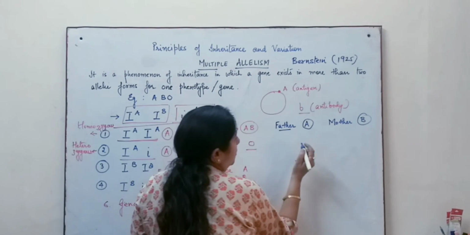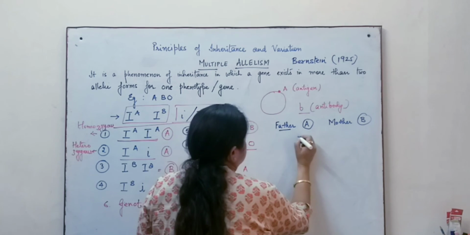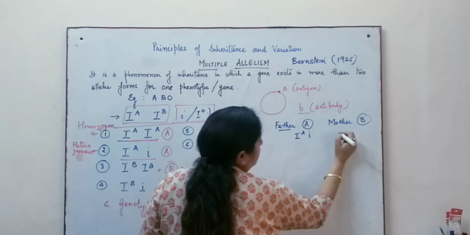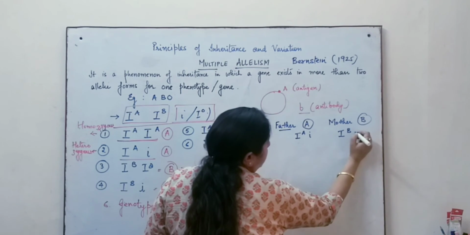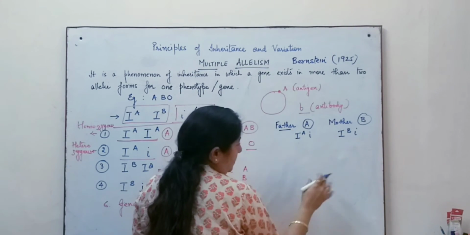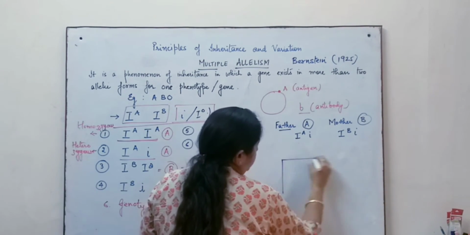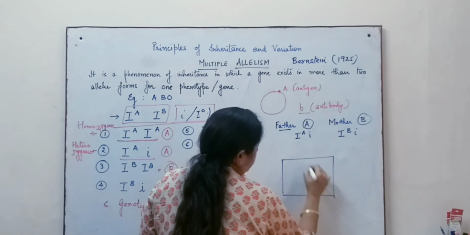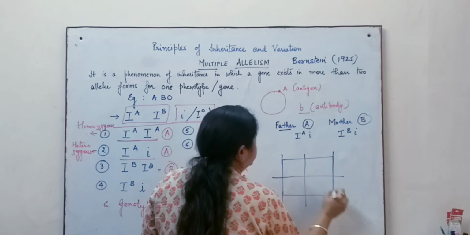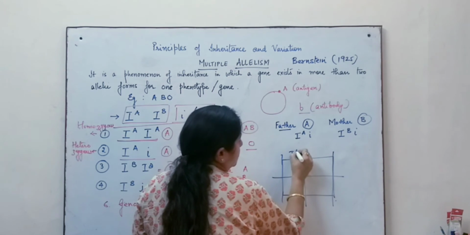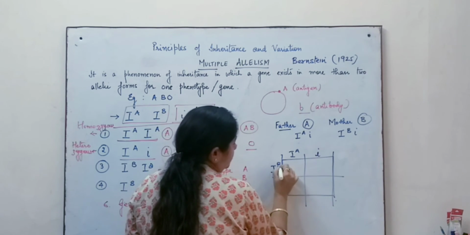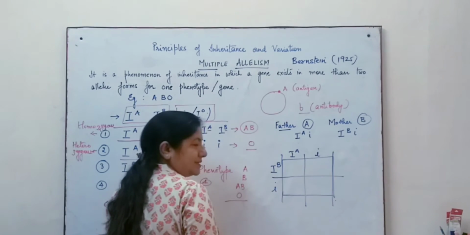So the genotype of the father will be IA and small i, and the mother will be IB and small i. Now we arrange this in a Punnett square: the father will contribute gametes IA and small i, and the mother will contribute gametes IB and small i.